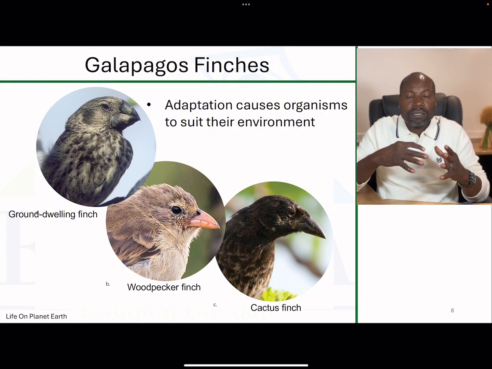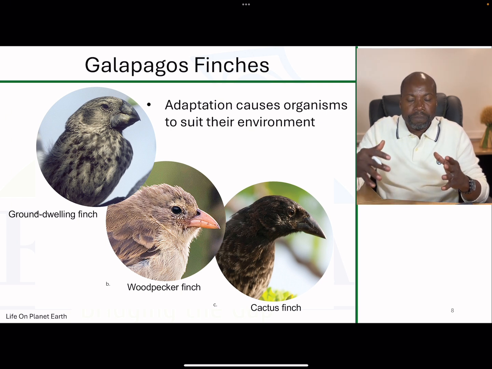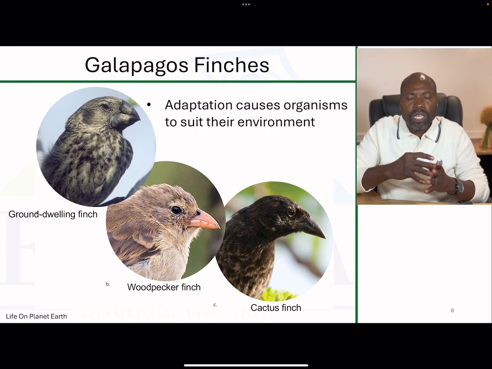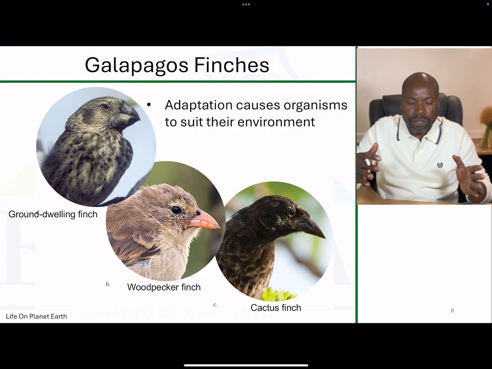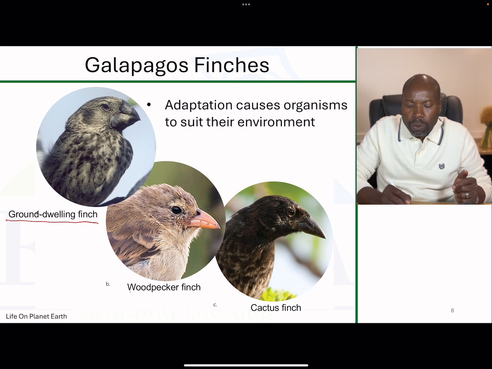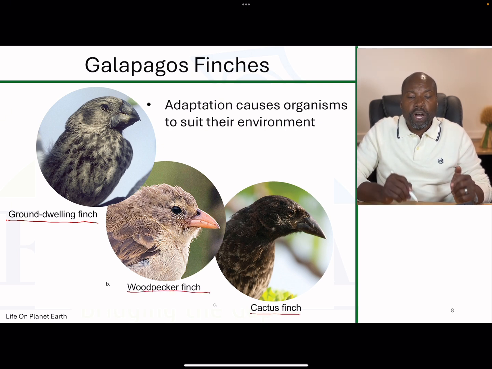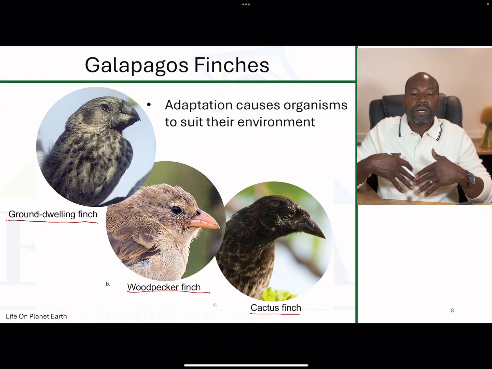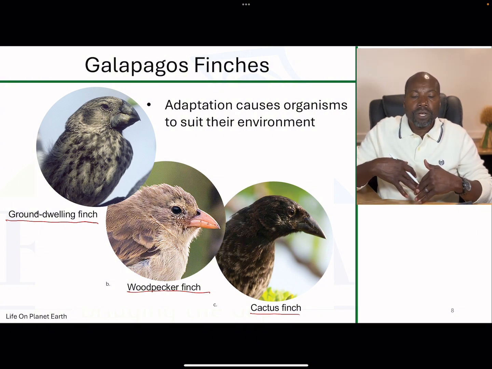So these organisms, while they appear different, Darwin came to the conclusion that all these finches, whether they are ground-dwelling finches, woodpecker finches, or cactus finches, all these finches actually developed from a common ancestor.